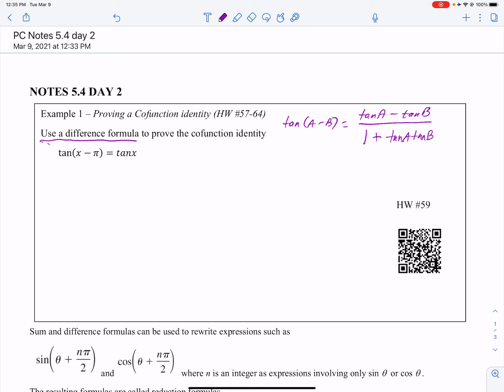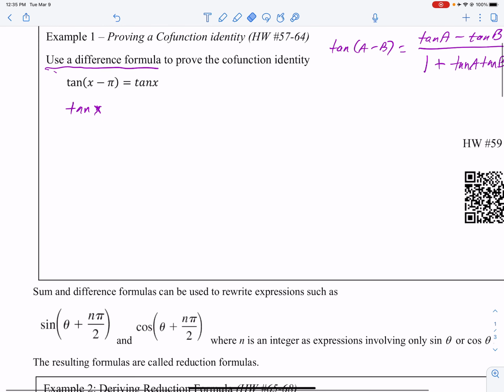So we're going to be using that, but instead of a and b, we have x and pi, so we have tangent x minus tangent pi, all over, it starts with a 1, it's the opposite sign, and then it's tangent x, tangent pi. And we're showing that this is going to be tangent, so put that equal sign, and we're going to keep on simplifying on the left-hand side.